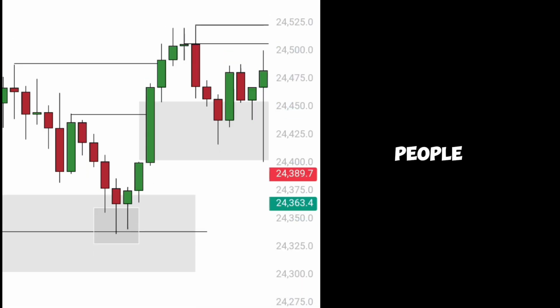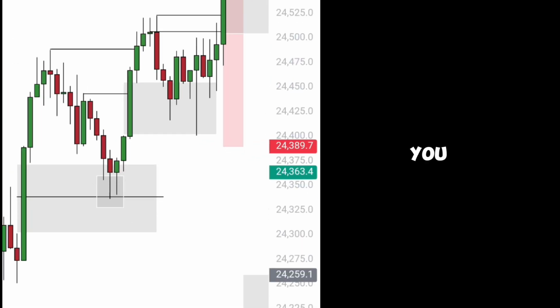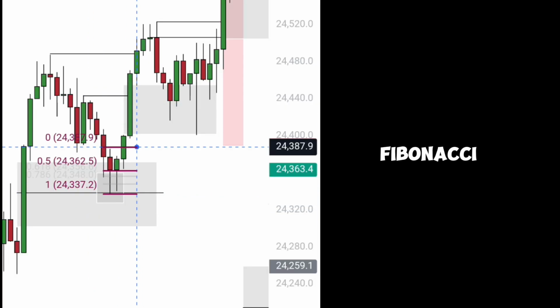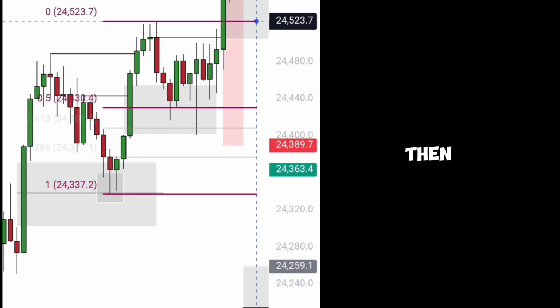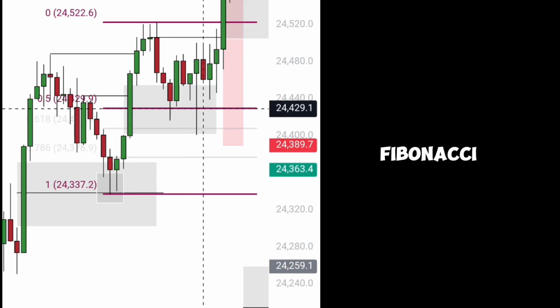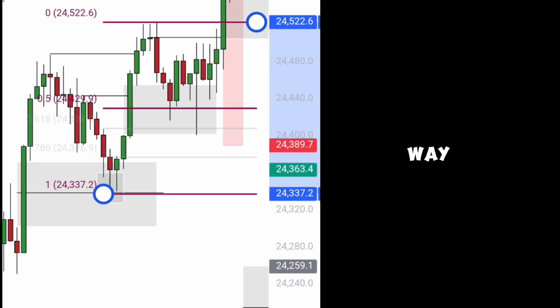All right, for those people who are a little conservative, you can choose to make use of Fibonacci retracement and then target the 50% Fibonacci level, whichever way works for you.